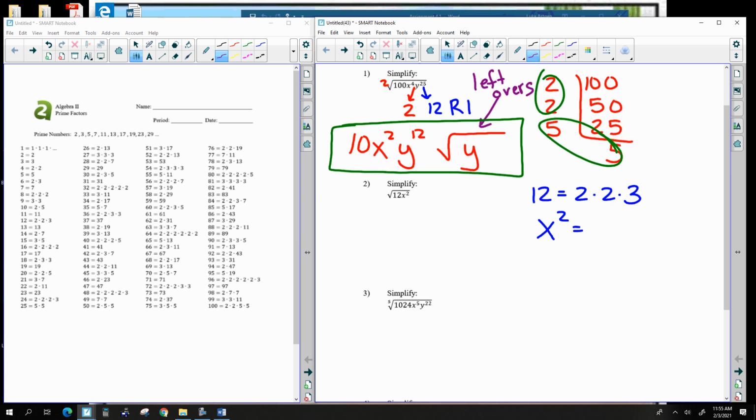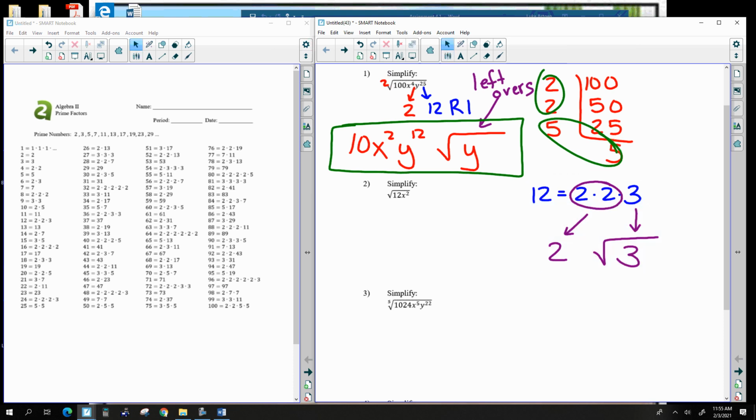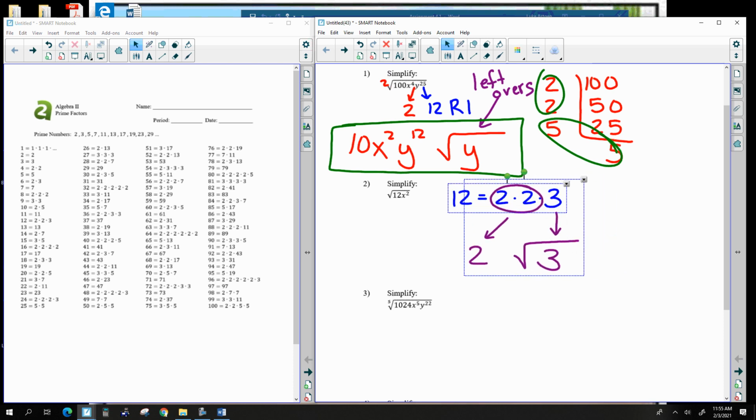The 12, I have 2 times 2 times 3. So the 12 means I have a 2 on the out and a leftover 3. Leftovers stay on the inside. So I have a 2 paired up, and then I have a 3 left over. Okay, so that's the 12 portion of the problem.